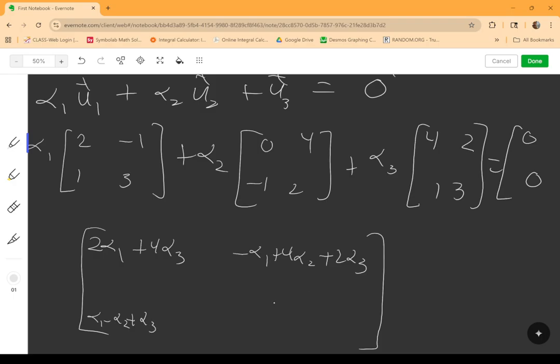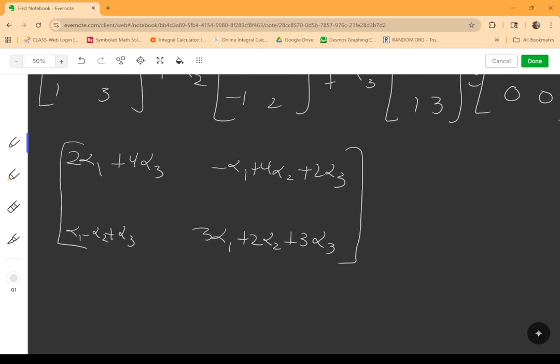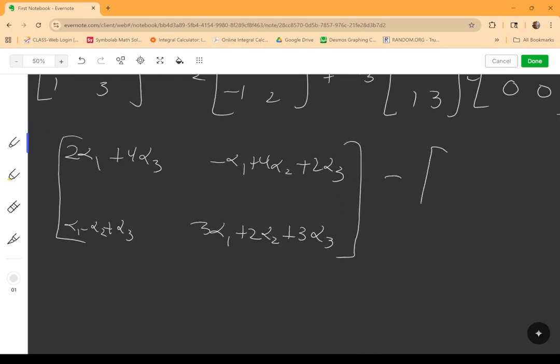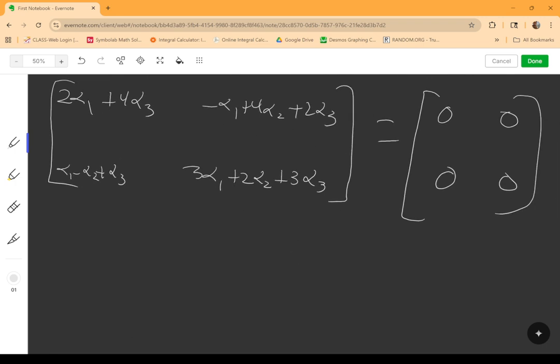And lastly we got 3 alpha 1 plus 2 alpha 2 plus 3 alpha 3. All of that equal to my 0 matrix. Now again, what do we have? We have a system in 3 variables, 4 equations, and we set each one equal to 0.